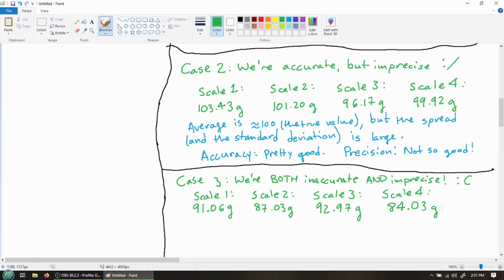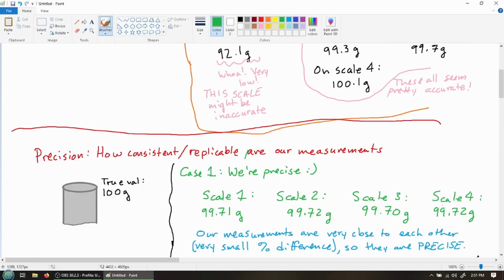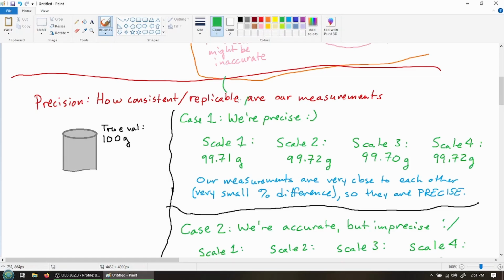What we can see here, right, the average is going to be less than 90 for sure. We also see that the spread of this is pretty wide, right? It goes from 84 all the way up to almost 93. That's a big spread compared to our first case where we're pretty precise, right? In this case, we saw that we had nearly 99.7 in each of these cases.